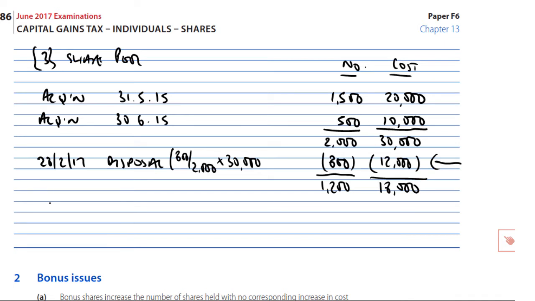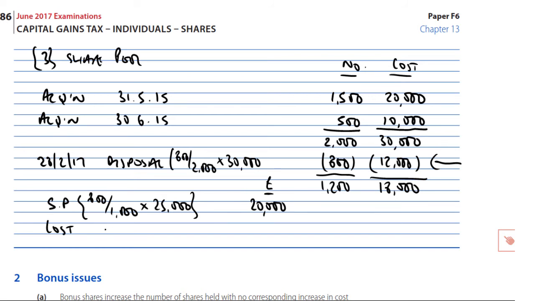So to calculate the gain, normal rules, sales proceeds, well, it's the other 800 of the 1,000 shares sold for £25,000, and that, if you'll allow me to just sneak it in here, so I've just got enough room to put it in, that will be the remaining £20,000 of the proceeds.